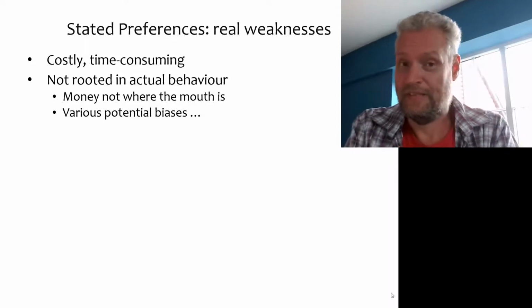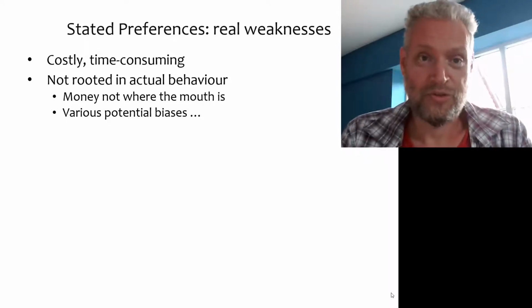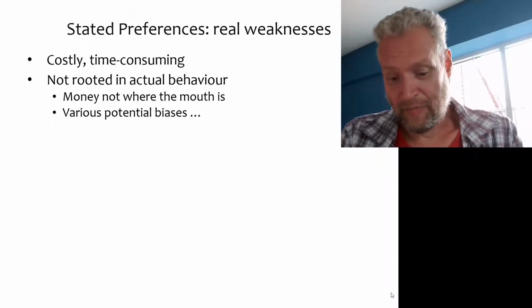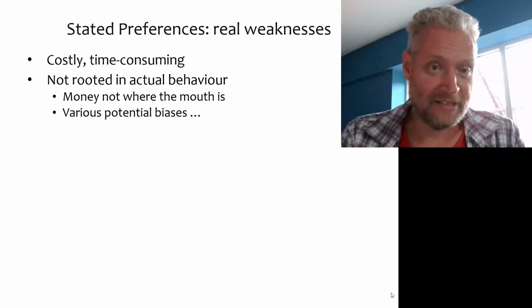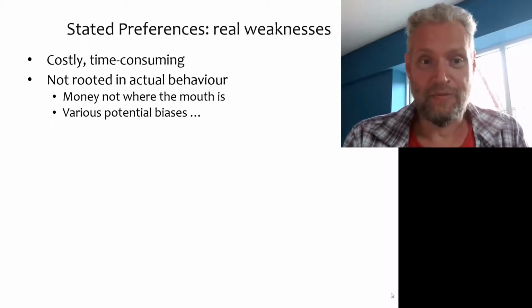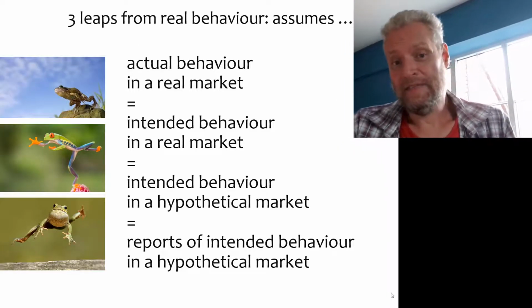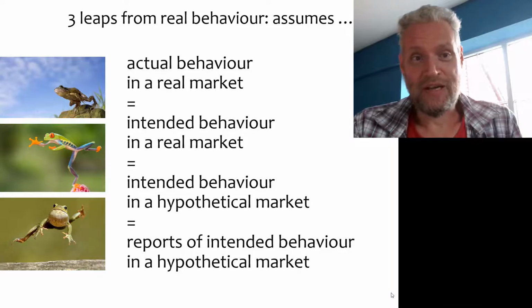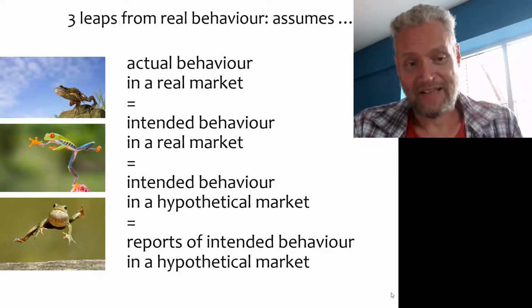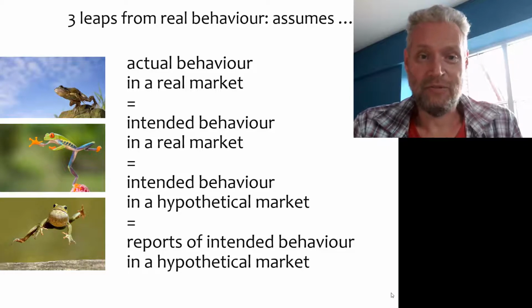And the actual design of the study can introduce all sorts of biases. So on the one hand, it's a great set of methods. On the other hand, there are real problems with this. And as I said, the main issue here is the fact that it's all hypothetical, and there's leaps that you make from real behavior.